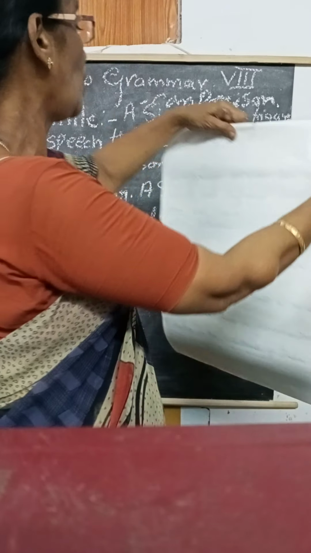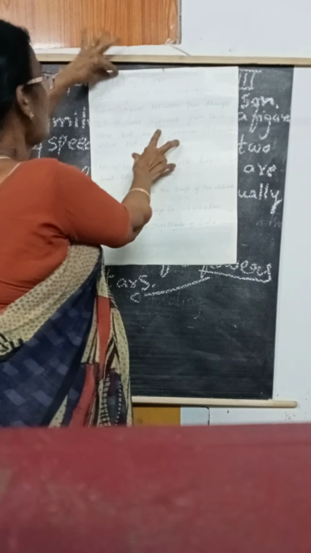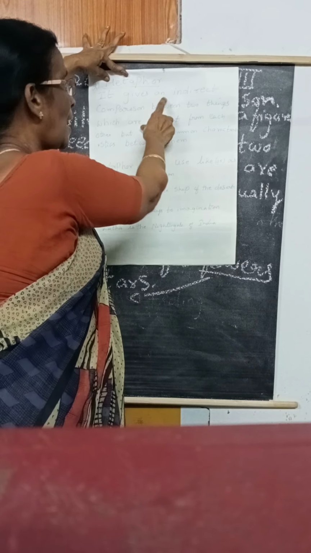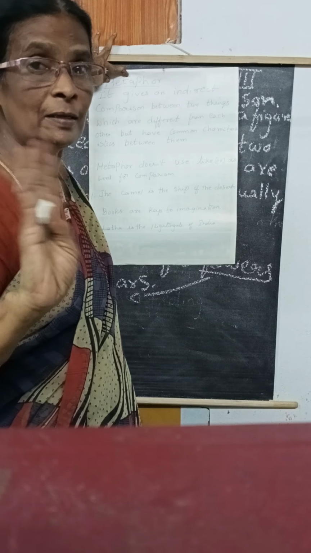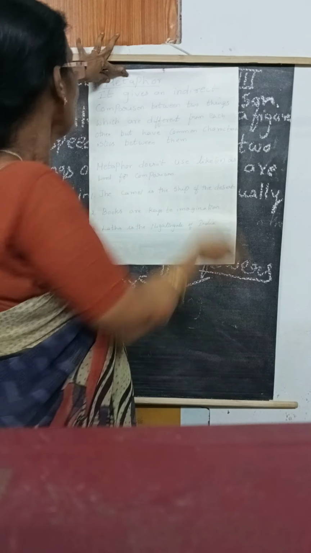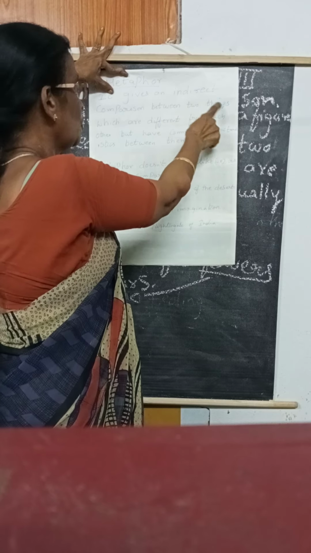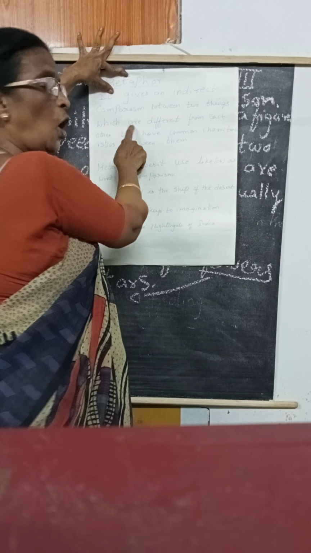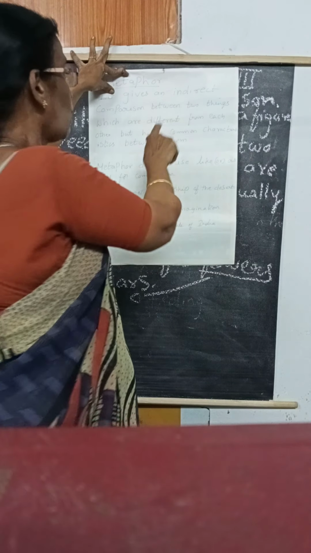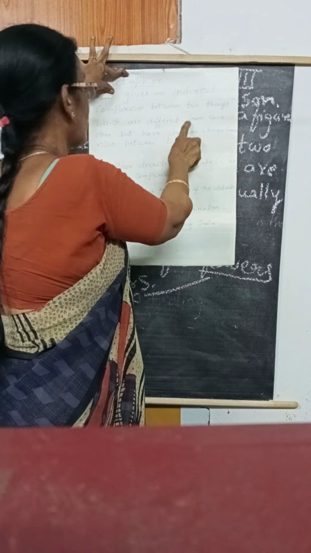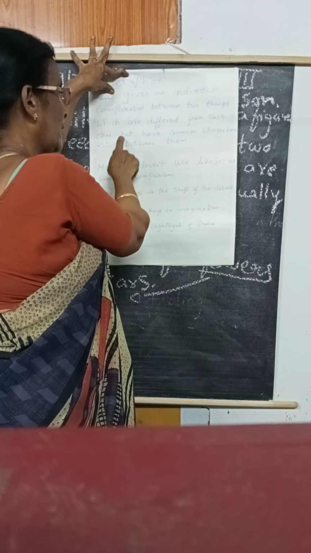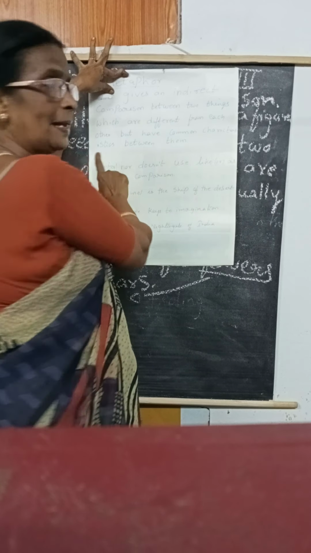And the second one, metaphor. Metaphor gives an indirect, not direct, comparison between two things which are different from each other but have common characteristics.